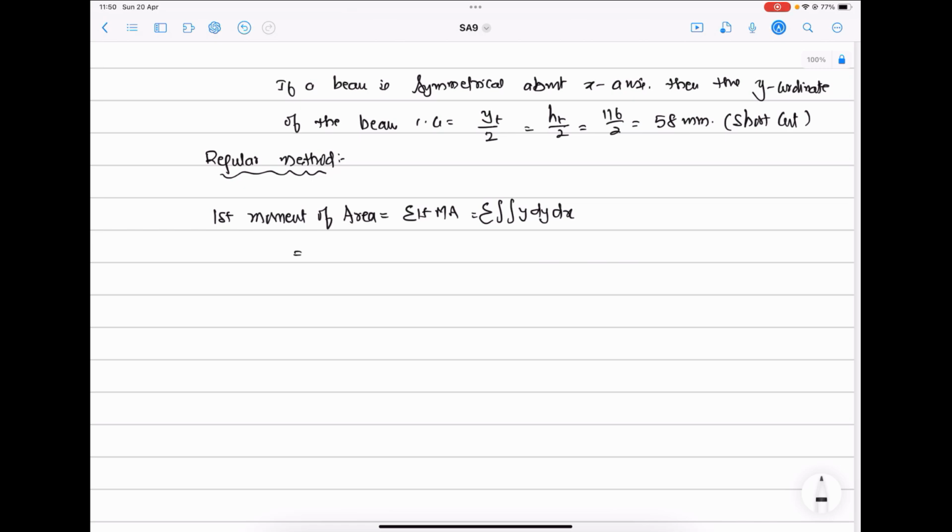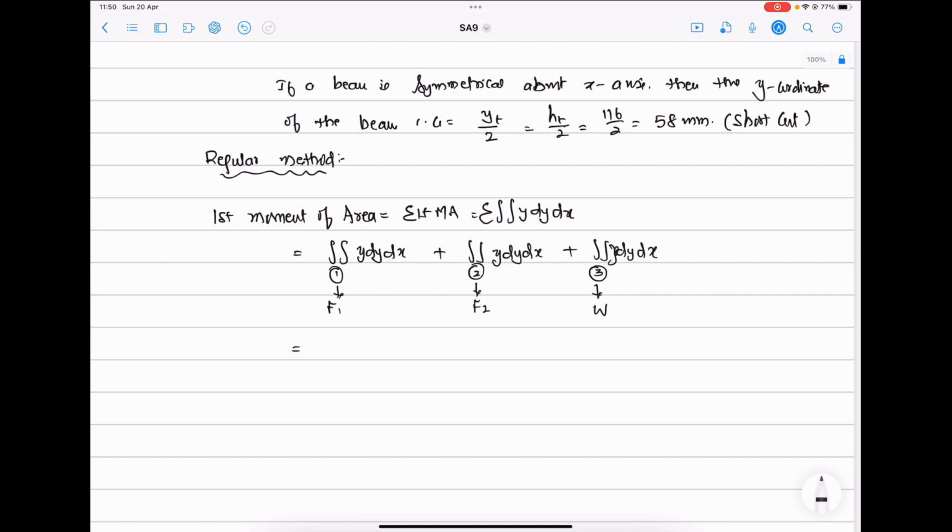Sigma, that is equal to double integral of first section y dy dx, double integral of second section y dy dx plus double integral of third section y dy dx. Here first section is flange 1, second section is bottom flange, this is web.